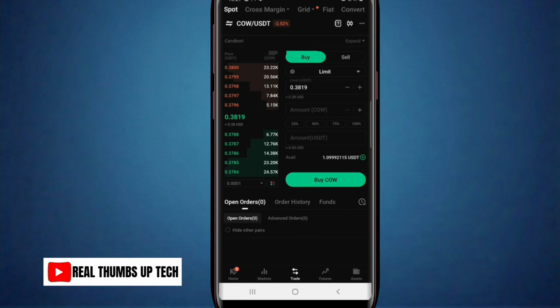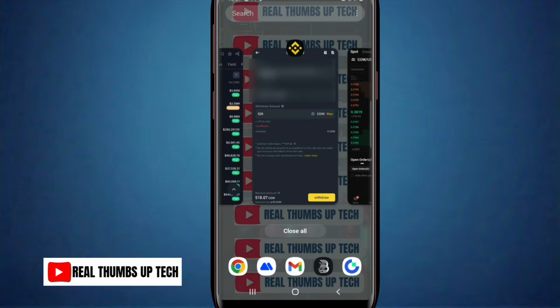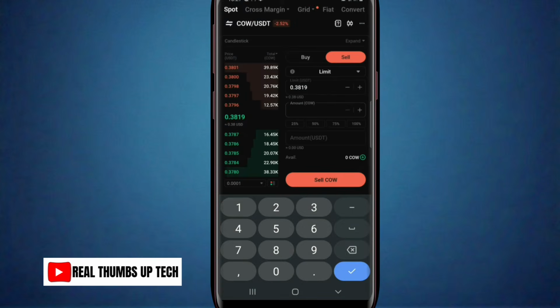So in this case, we are going to sell it to receive USDT. You now go over to the sell option. So instead of buy, you go over to sell. Under here it says the amount of COW you want to sell: 518.07.